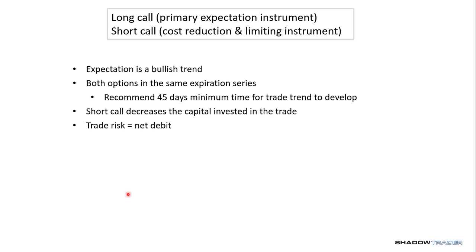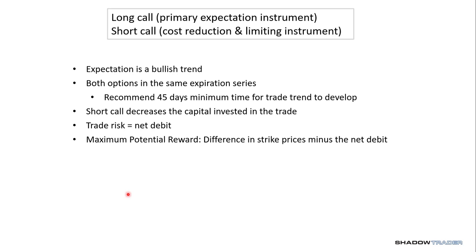That short call that we add decreases the capital invested in the trade, yet it also limits our potential profits. Our maximum potential reward is the difference in the strikes. So if I buy a 100 call and I sell the 105 call, I have $5 of maximum profit, less the debit that I paid.